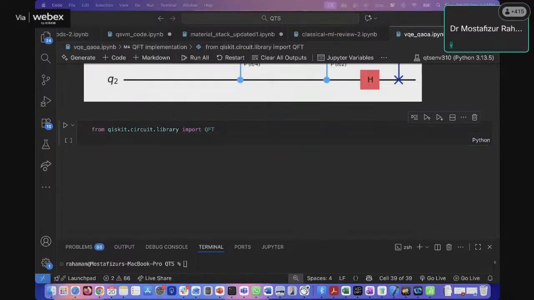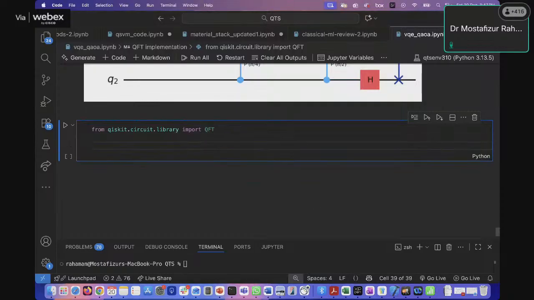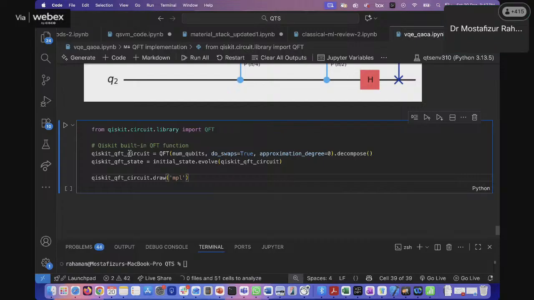And you can directly call these functions and do the same thing without any problem. So in the Qiskit QFT circuit, you apply the QFT on the num qubits, and you do swap operations, approximation, decompose, and then you evolve with Qiskit circuit functions.